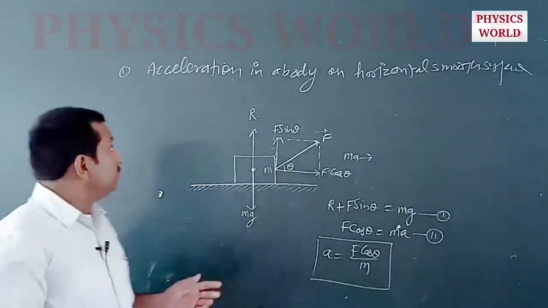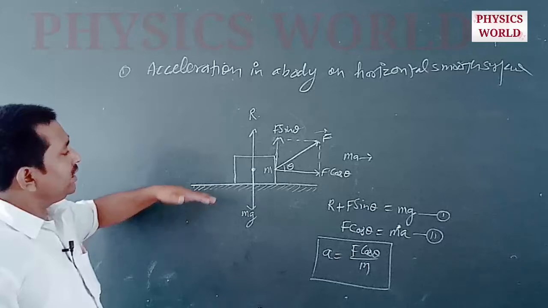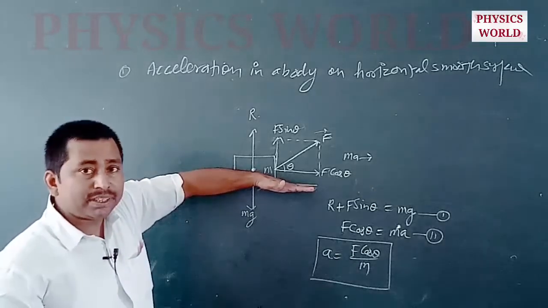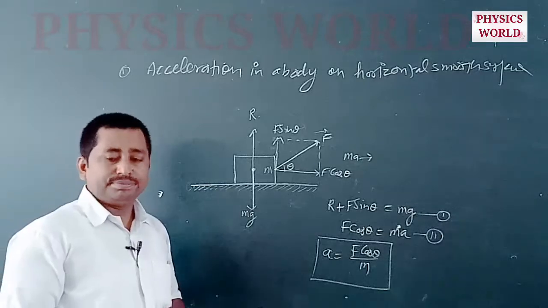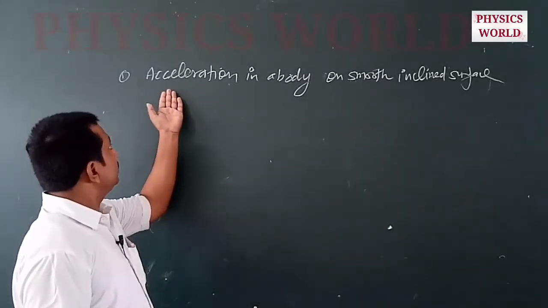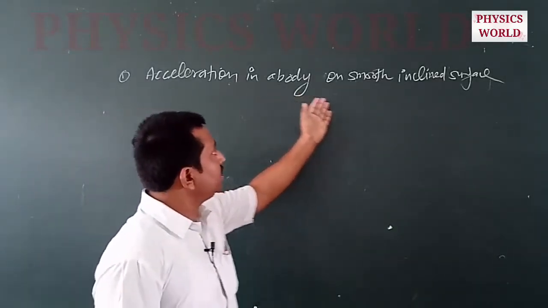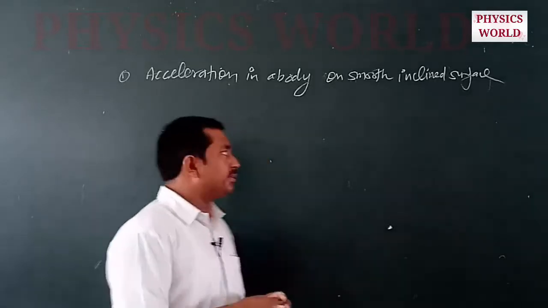Now let us take our second condition. If this smooth surface is considered as an inclined plane, then what will happen? So let us start the discussion about acceleration in a body on a smooth inclined surface.